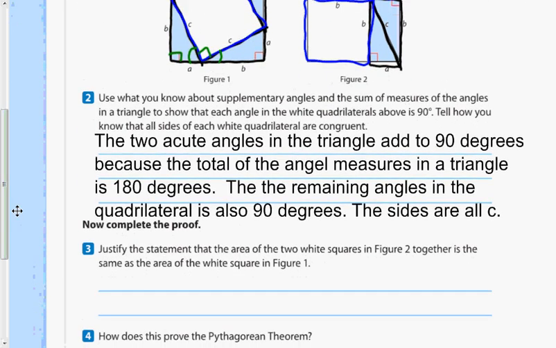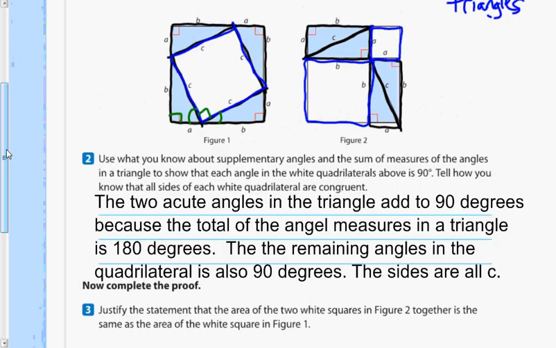Now complete the proof. It says justify the statement that the area of the two white squares in figure 2 together is the same as the area of the white square in figure 1. So what we're saying here is we've got it divided up so that we've got 4 triangles in each, where the base is a and the height is b, essentially. And so if there's 4 in each, we can essentially get rid of the 4, and whatever's left over should be the same. In this case, it's c, so the area would be c squared.